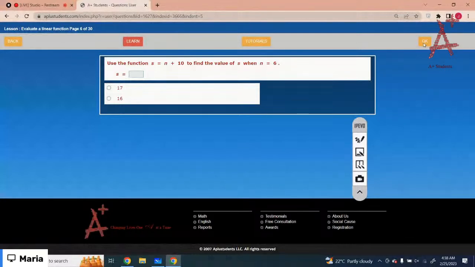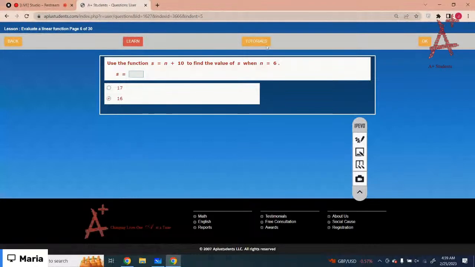So 6 plus 10 equals, yes, very good. That makes 16.